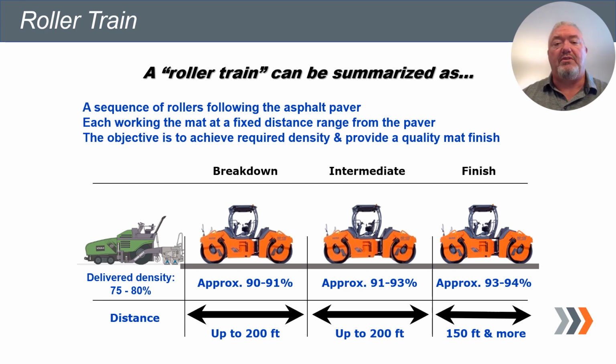If they're too short, that means we're crisscrossing too much in our start and stop of our rolling pattern, and if we don't vibrate through that, we're going to have lower densities in those areas, and that could affect our rideability as well. So it is important to maintain consistency when it comes to our roller length.